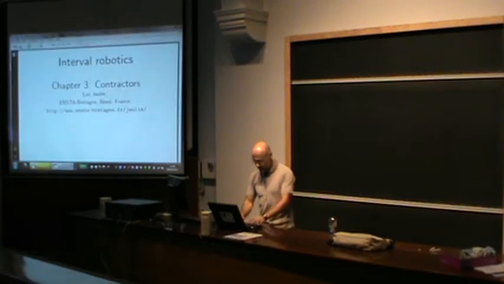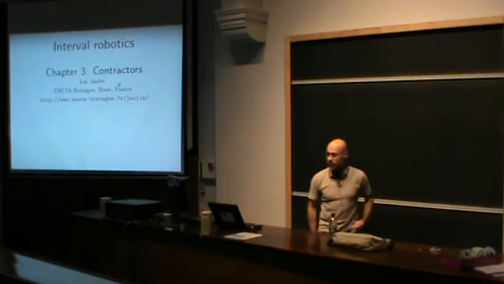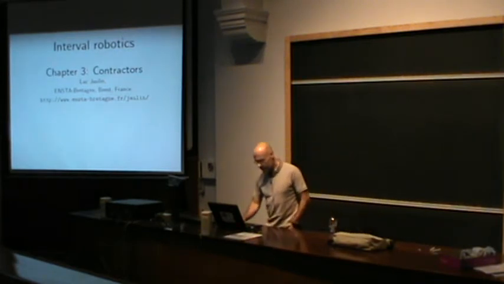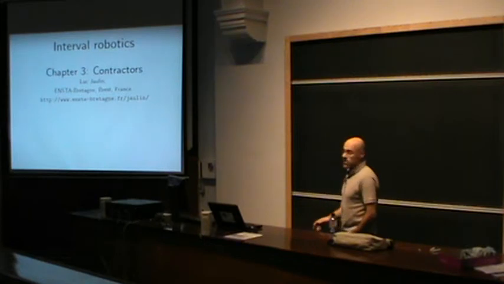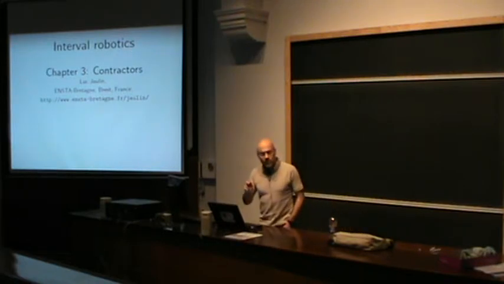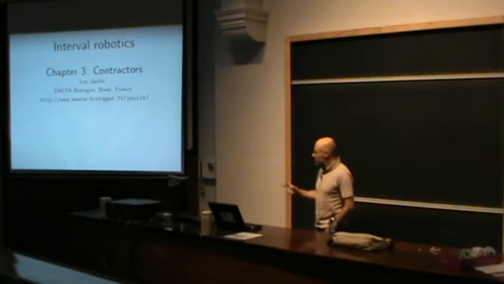But just to start, I will come back to the lesson. Yesterday, I was speaking about contractors. What you should remember is that when you want to solve nonlinear problems, you can use interval analysis, classical interval analysis, with the concept of inclusion function, and the SIVIA algorithm, set inverter algorithm.